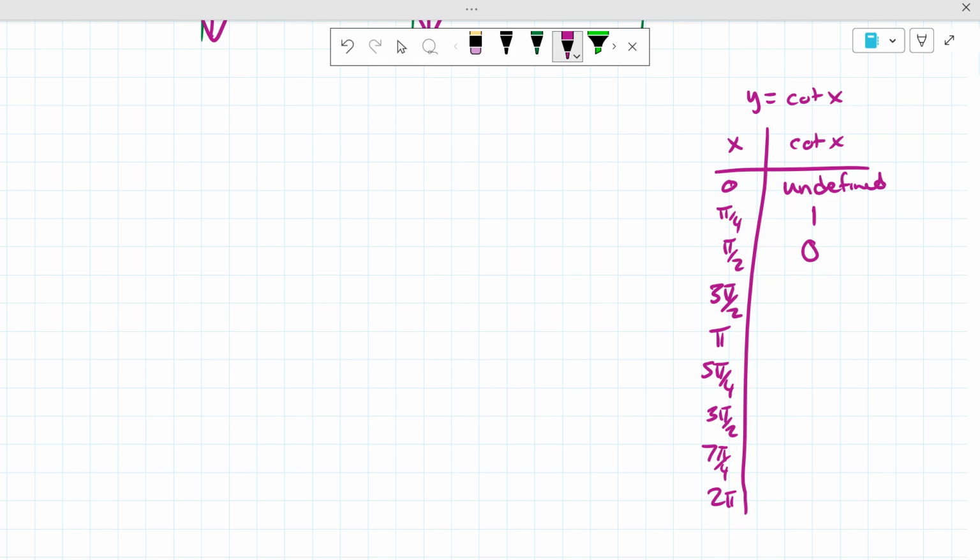Mr. Bierschbach is good at screwing up. This is negative 1. Pi, undefined. 5 pi over 4, 1. 3 pi over 2, 0. Negative 1. Undefined. Do you see how there's a pattern there?